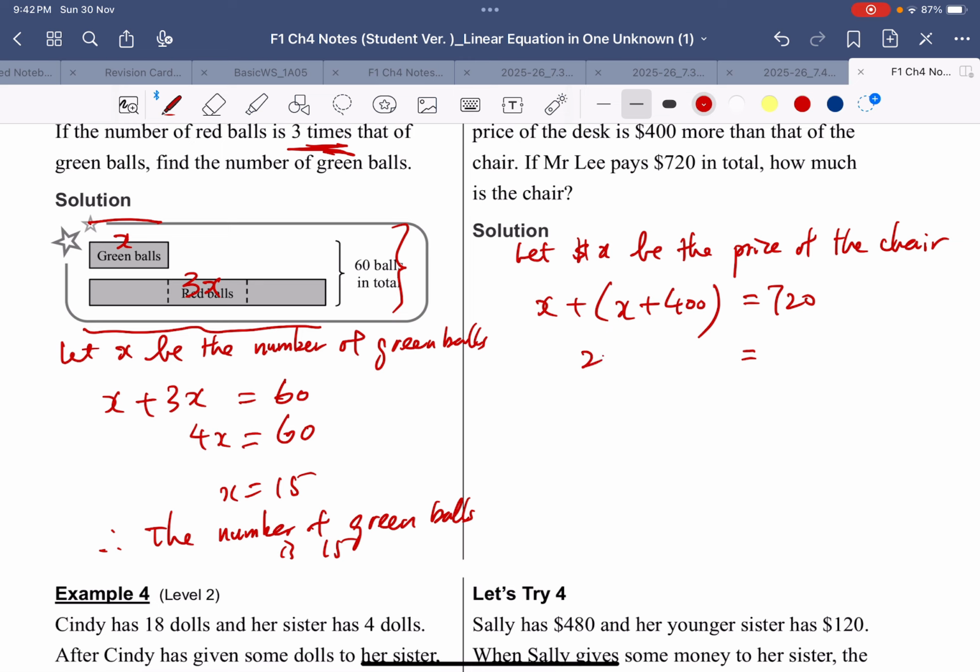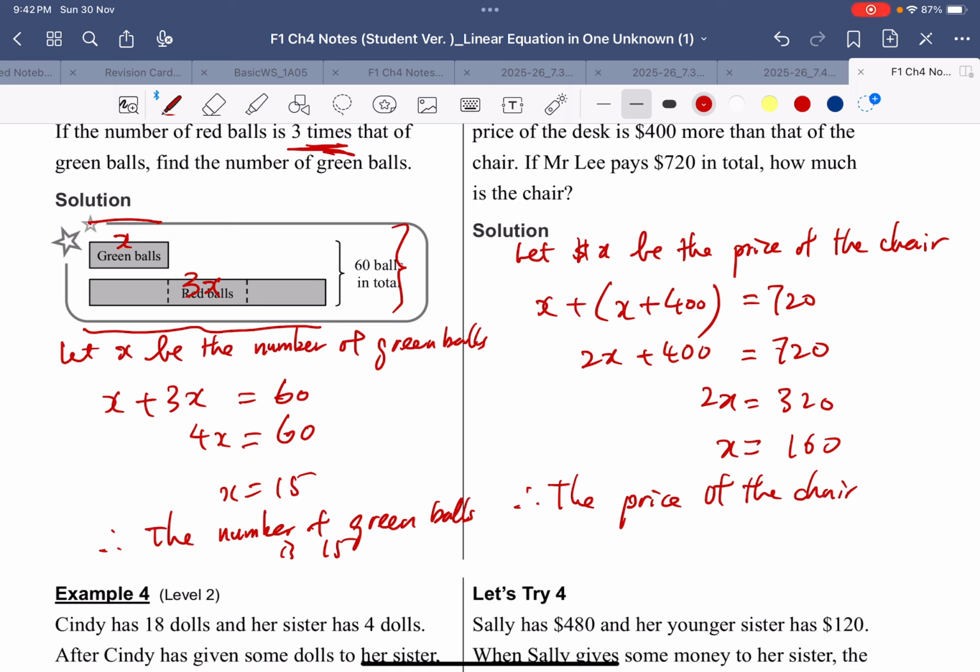Remove the bracket. Right? So the price of the chair is this amount.